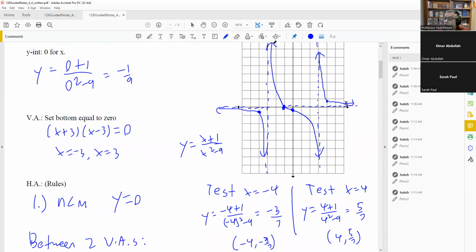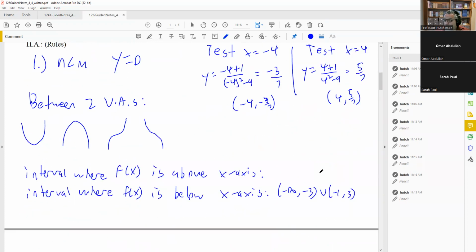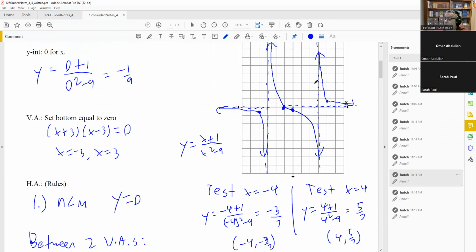Now above would be this section between -3 and -1. Between -3 and -1, the graph is above the x-axis, so I'm going to put that here: -3, -1. And then from the x value of 3 to infinity, the graph is completely above the x-axis, because this is a horizontal asymptote, which the graph will come close to but never cross on the ends here.